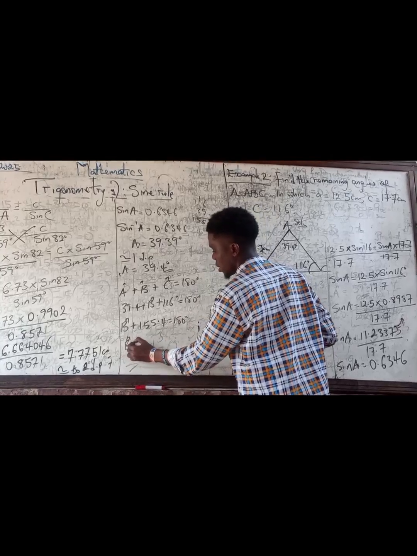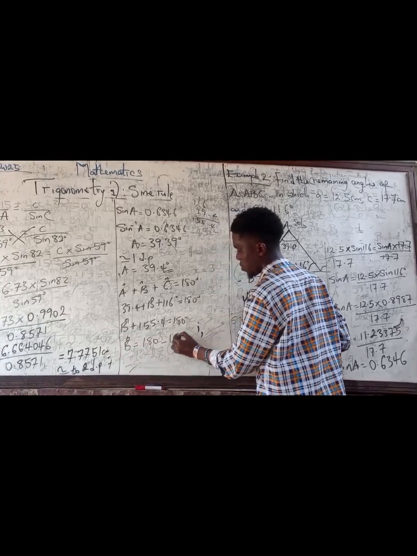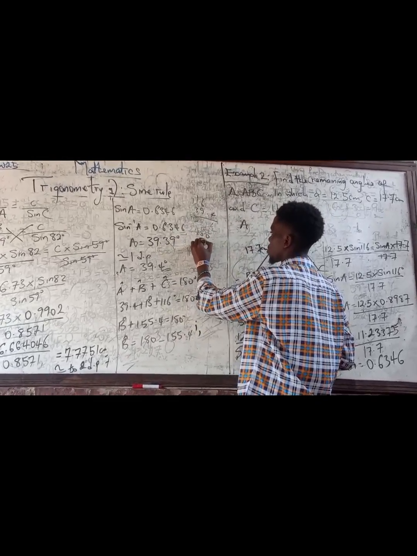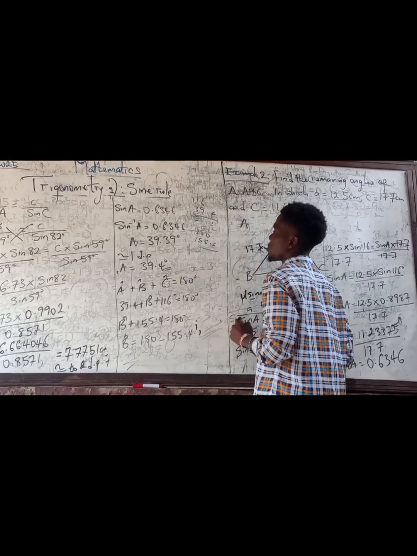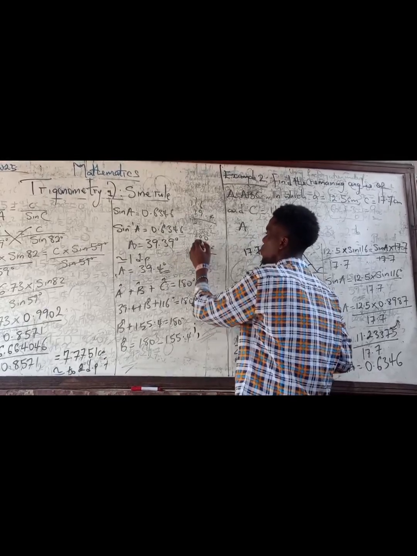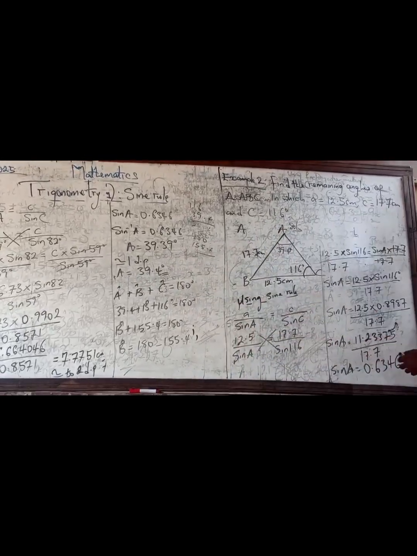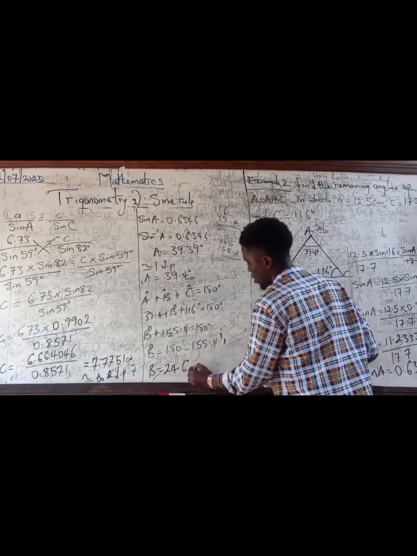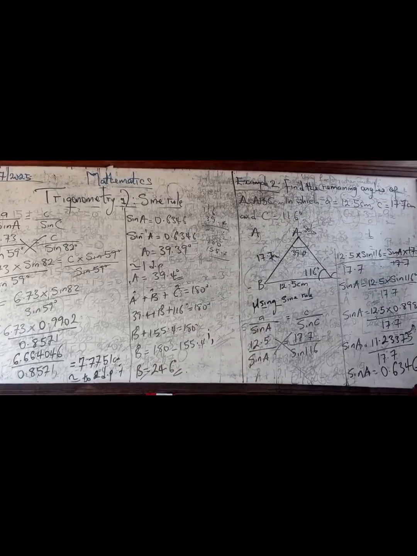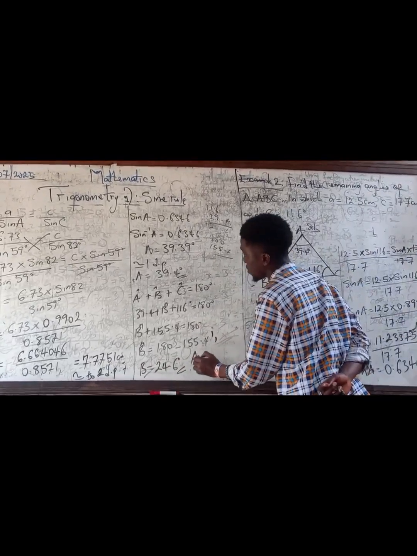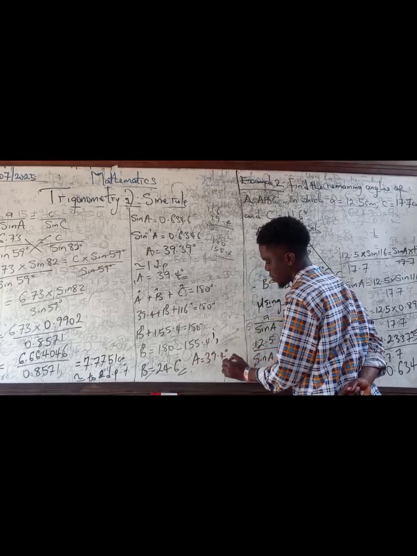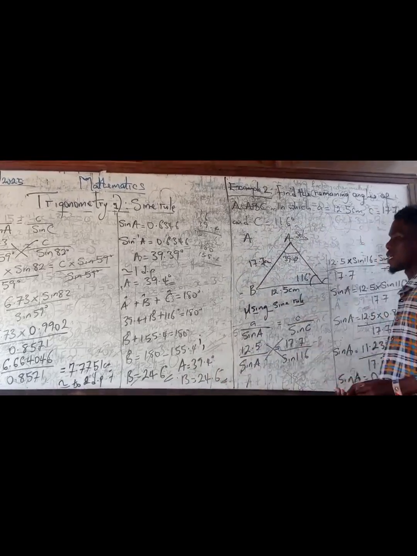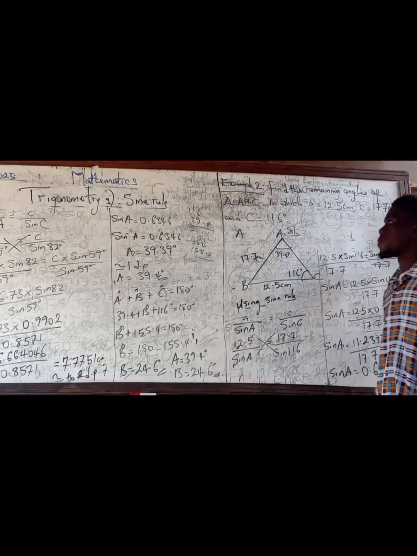So B is equal to 180 minus 155.4, which is 24.6. So angle B is 24.6 degrees. So the remaining angles we have are A is 39.4 degrees and B is 24.6 degrees. So that is the solution to this question.